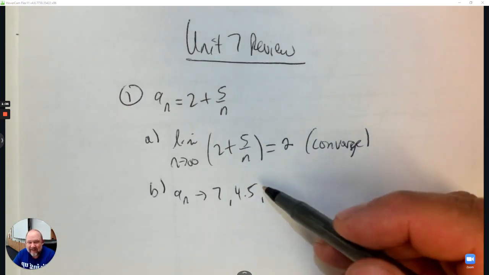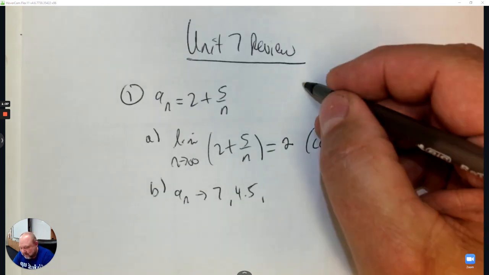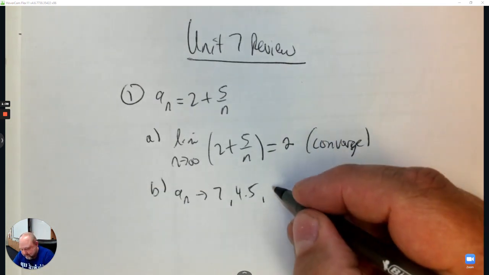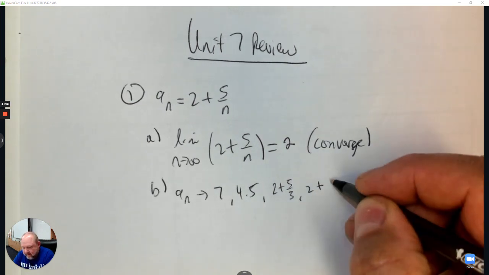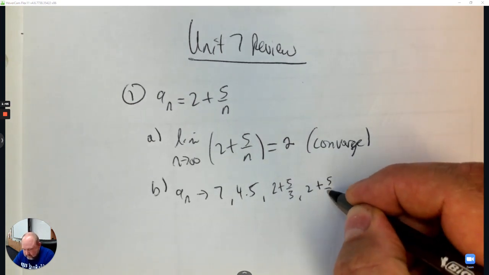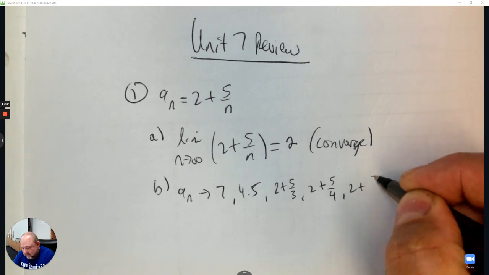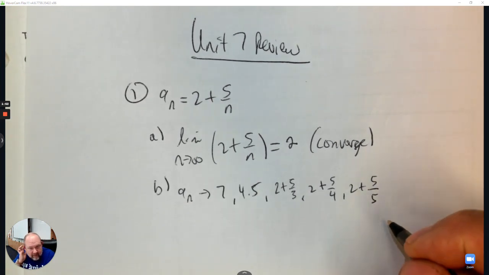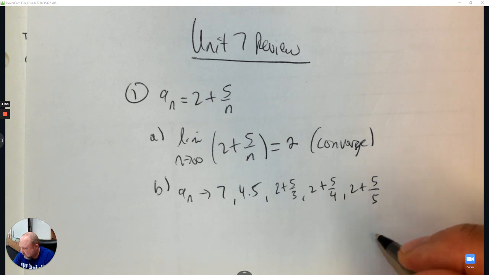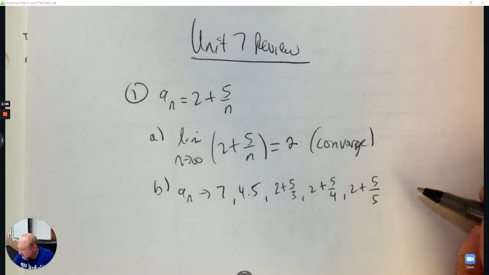All right. 3, 2 plus 5 over 3. 2 plus 5 over 4. 2 plus 5 over 5. And then what's happening here as it's going? So eventually it is going to 2.